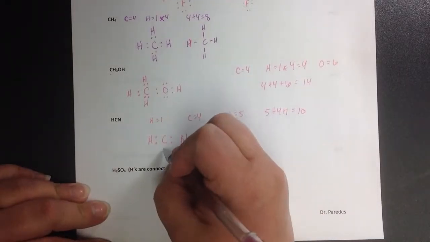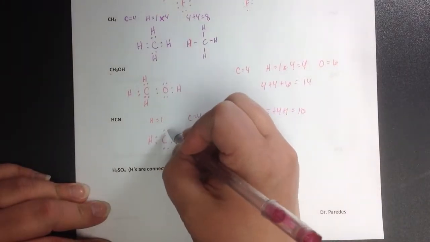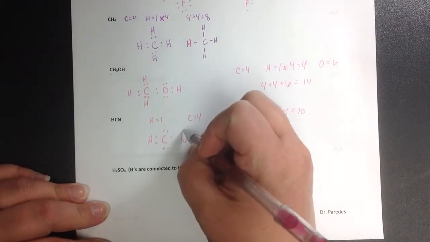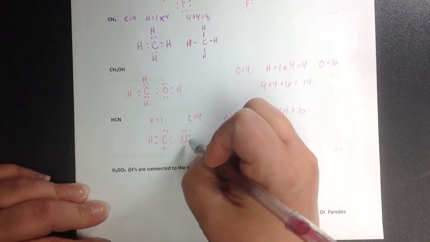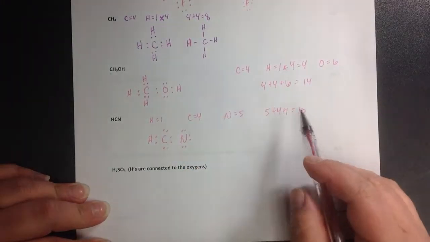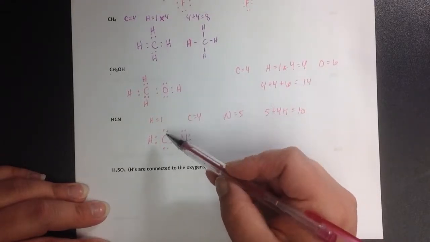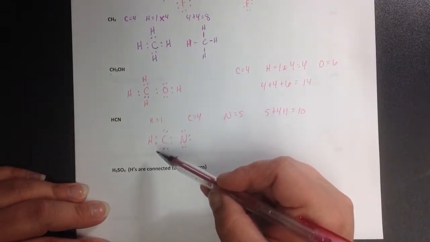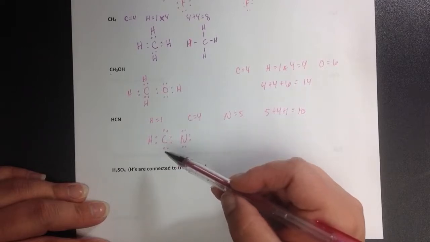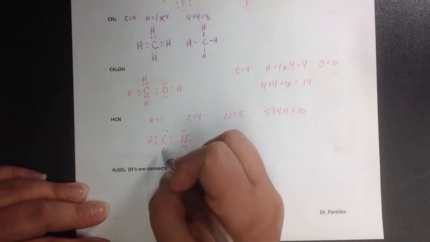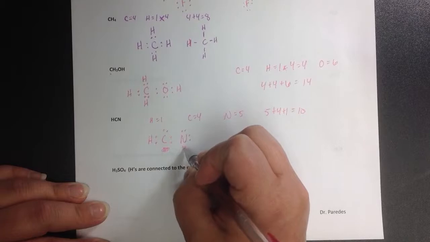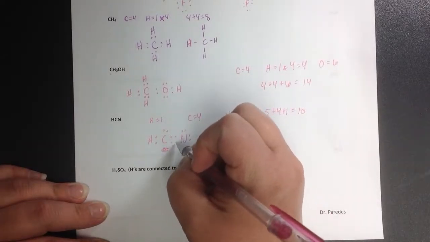Okay, so let me start making carbon happy. And let's start making nitrogen happy. And then let's make sure we only have 10 valence electrons. 2, 4, 6, 8, 10, 12, 14. Whoa, that's way too many. So just like we did before, let's cross these guys out and move them to the middle.